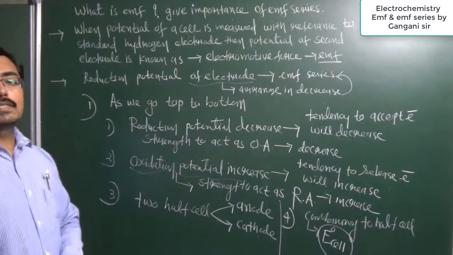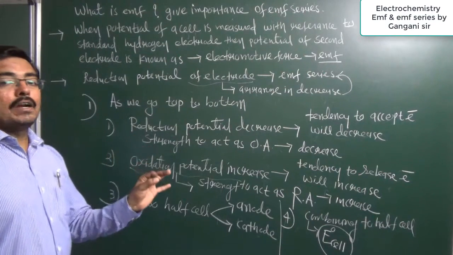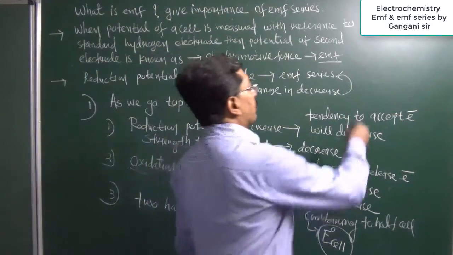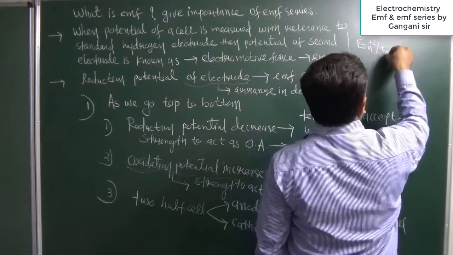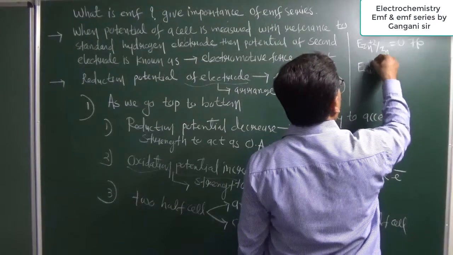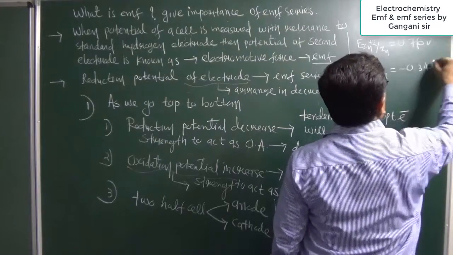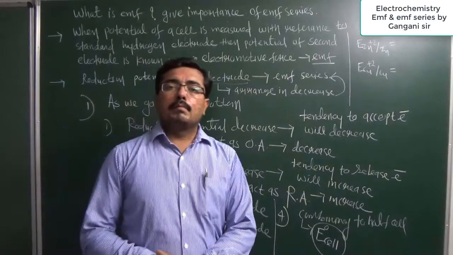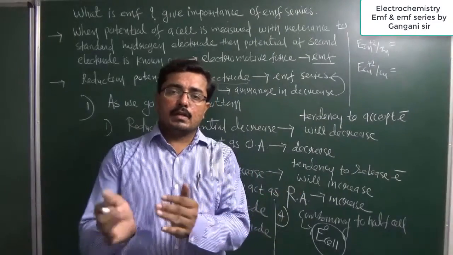Suppose in a galvanic cell or Daniell cell, the zinc electrode will act as an anode and the copper electrode will act as a cathode. In the Daniell cell, one electrode is zinc and the second is copper.